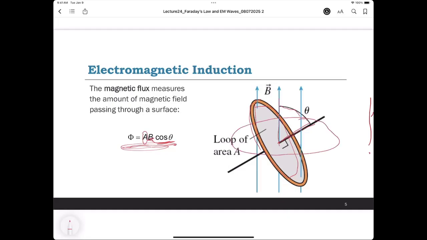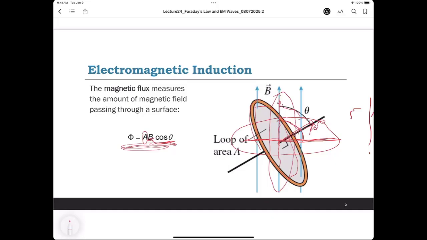If it is in this direction, theta is what? Theta is 0. Am I right? Which means there is no magnetic flux. But if it runs like this, then this is a magnetic flux. This is the axis of the loop, and this theta is 90 degrees.